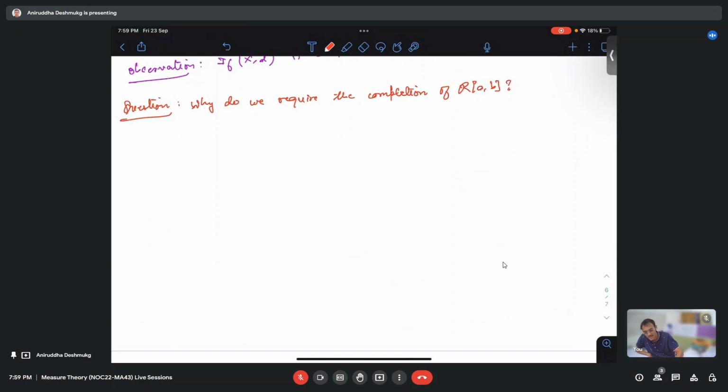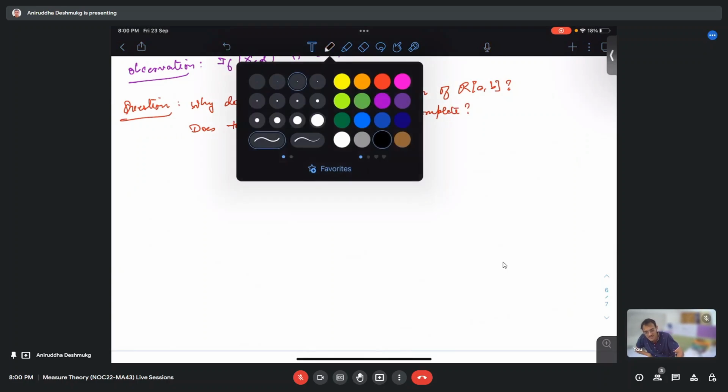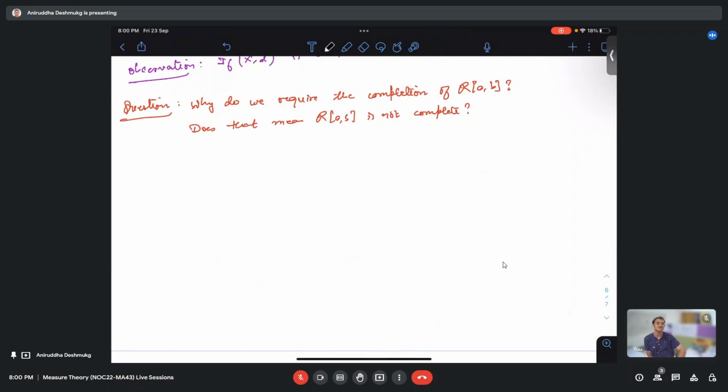Does that mean, or equivalently, does that mean RAB is incomplete? So can we find a Cauchy sequence in the space of Riemann integrable functions which does not converge to any Riemann integrable function? That does happen.